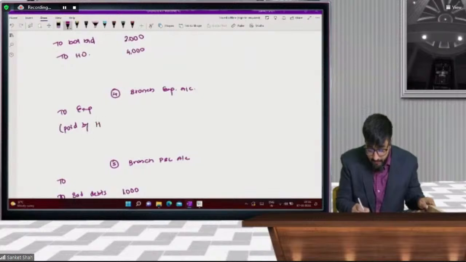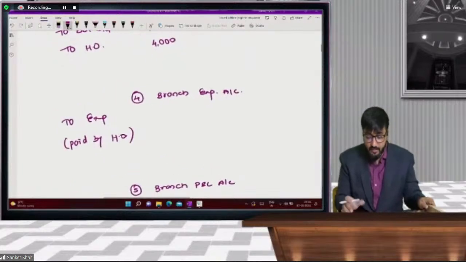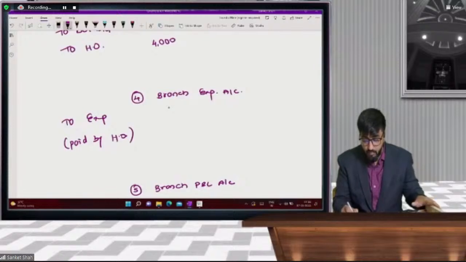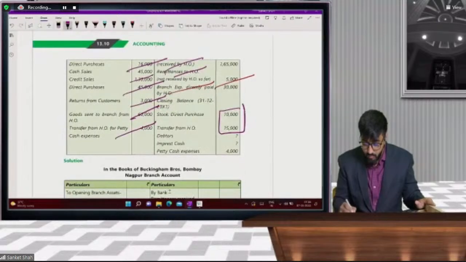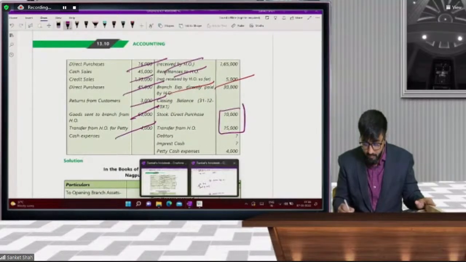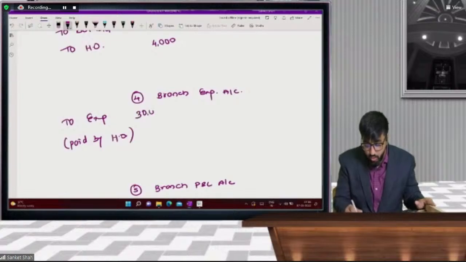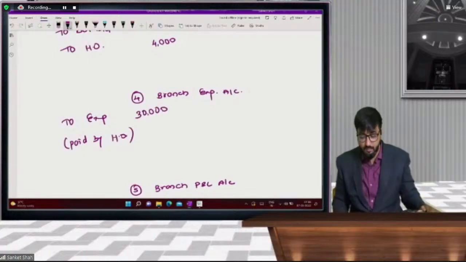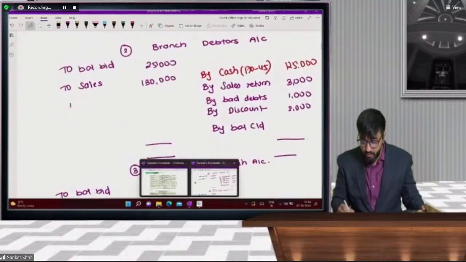So this is a transfer entry, branch expenses to expense paid by HO. You can write directly to HO also, no problem, not an issue. 30,000. Now closing stock, we already written that in closing balances.